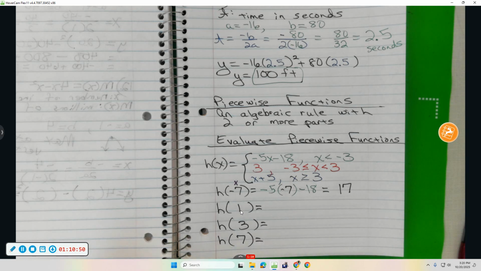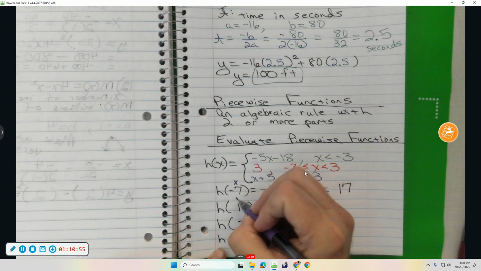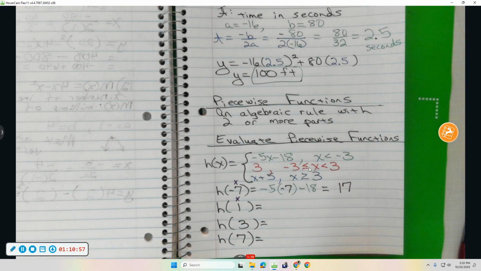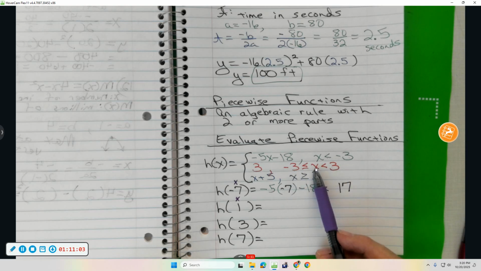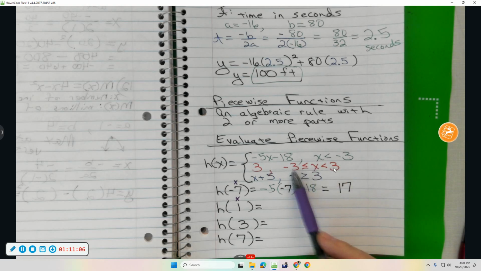My x value is 1. By the way, every time you see 2 less thans or 2 greater thans in the same statement, read it as between. This red statement, x is between -3 and 3. If you read it like that, people are going to think, wow, they know some algebra.